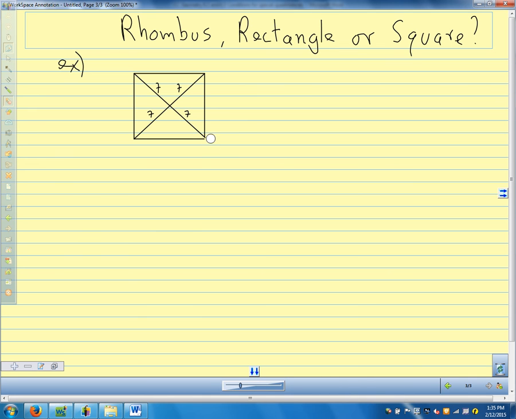All right, so there's our information. We want to know, is this a rhombus, a rectangle, or a square?